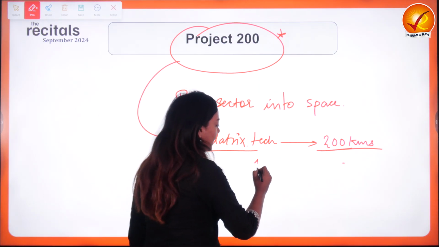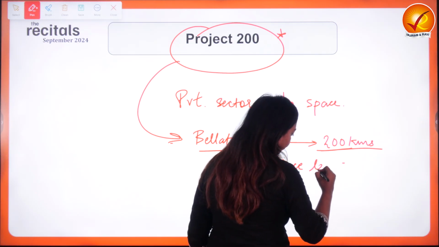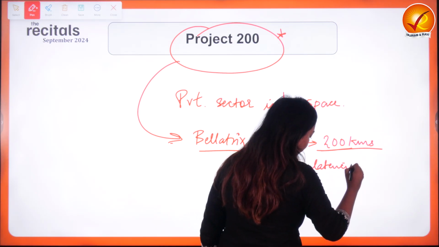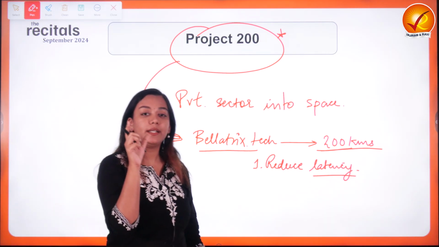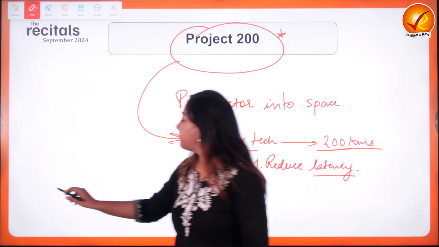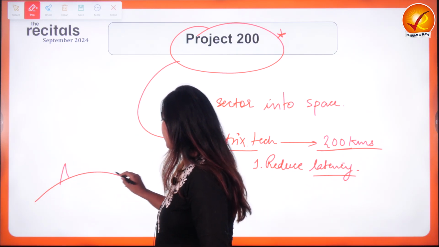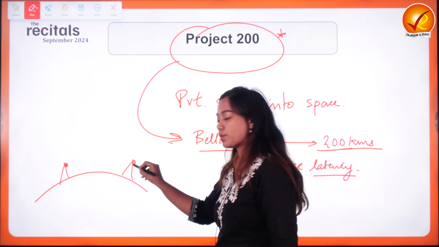The first reason is that it will reduce the latency. Now, ma'am, what is latency? Latency is the time delay or time gap between the origin source and the receptor source.